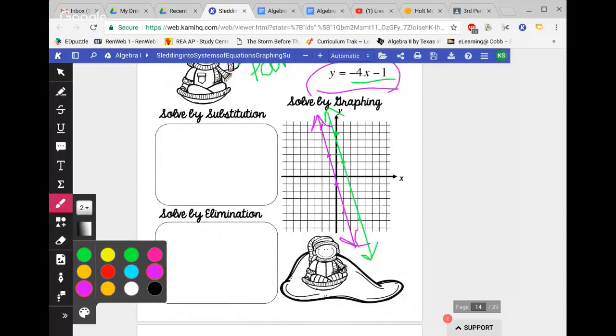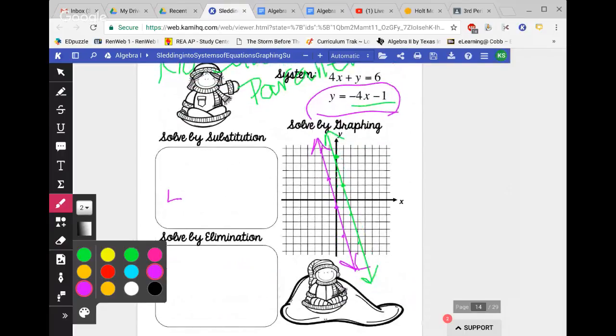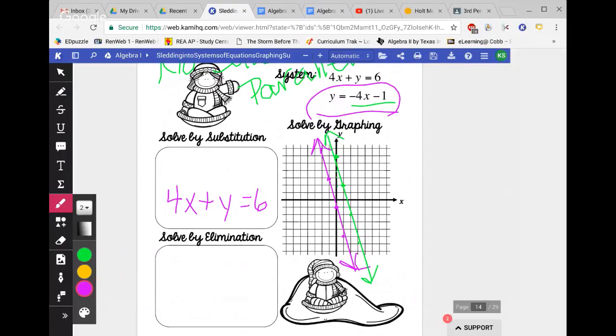And we've got 4x plus y equals 6. And we need to turn this into standard form. So in order to turn it into standard form, I've got to move this 4x over. So I'm going to add 4x to both sides. And that's going to give me 4x equals negative 1. So 4x plus y equals negative 1. So it's kind of hard to see. Sorry, Lily.